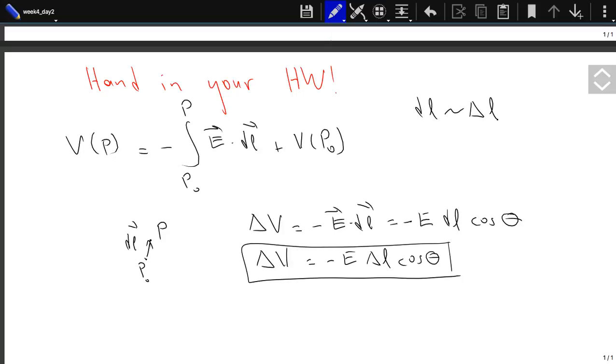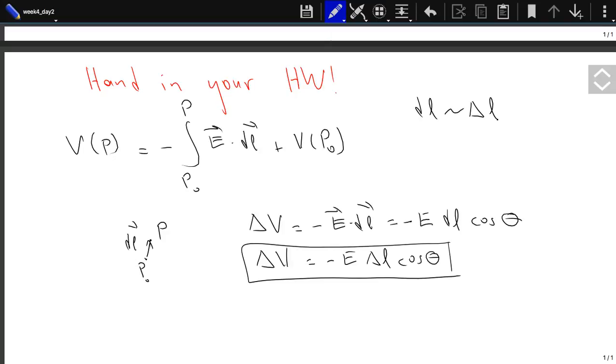Assuming you know the potential at every point, you choose some point and then consider the potential at nearby points. In general, delta V will be different, so you find the direction at which this change in the potential is maximum. You are determining the direction of delta L basically.